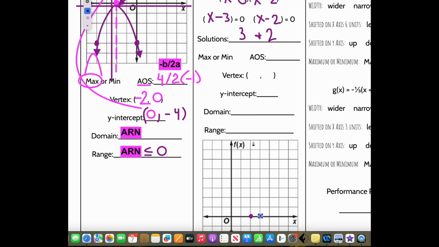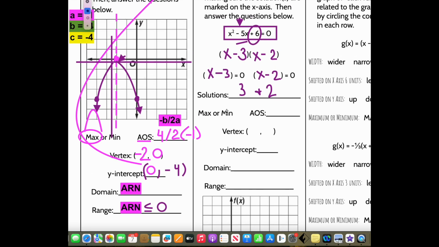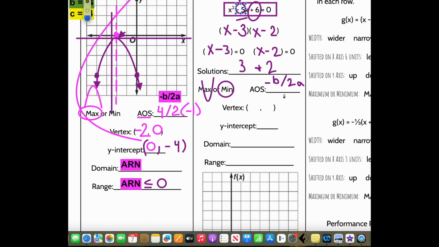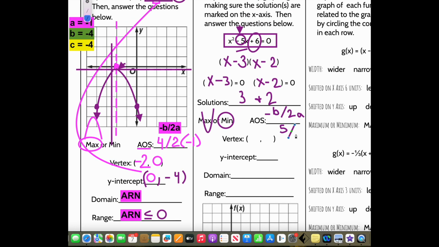So this parabola is going to be a minimum because the coefficient 1 is a positive number, so it will open up like this. The axis of symmetry is -b over 2a, and so in this case, -b would be the negative or opposite of -5, which is 5, over 2 times a. 2 times 1 is 2.